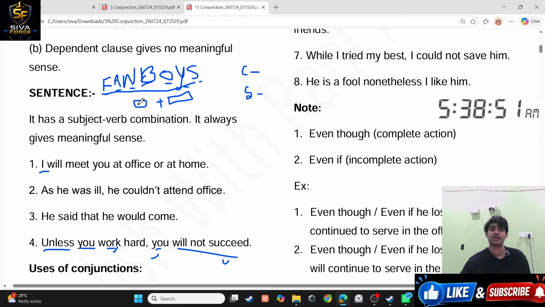Now see, for can act as a preposition and as a conjunction. If for is followed by an object like a noun or pronoun, it is a preposition. If for is followed by a subject and verb, it is a conjunction.